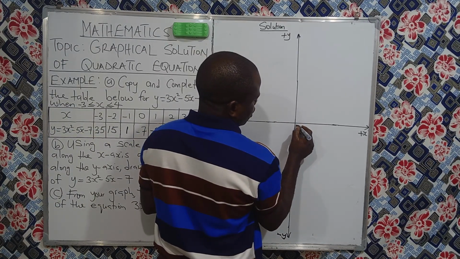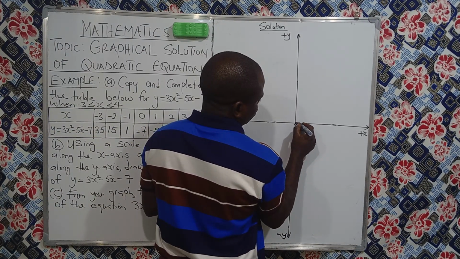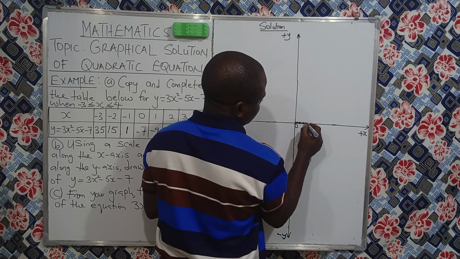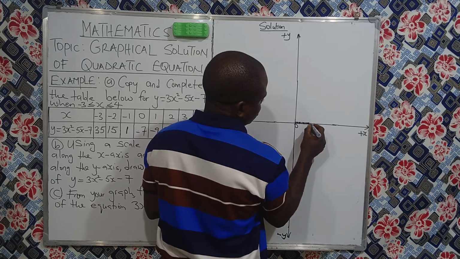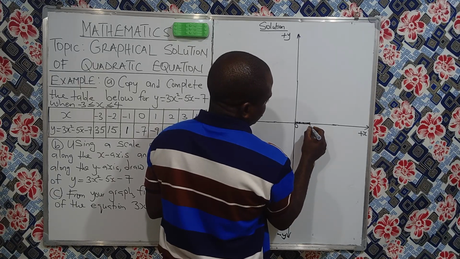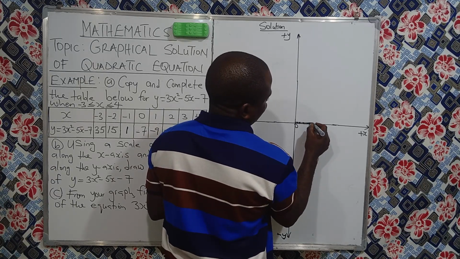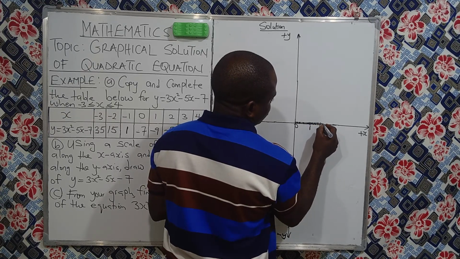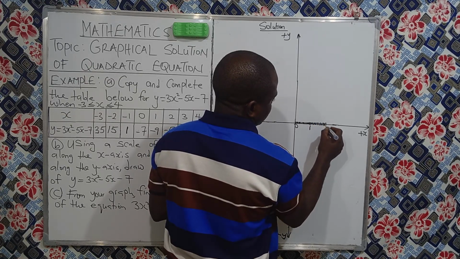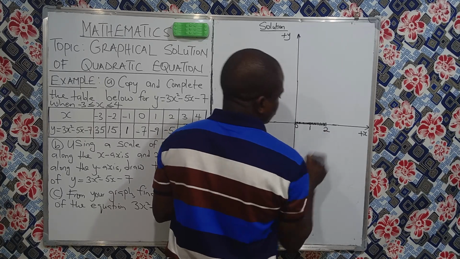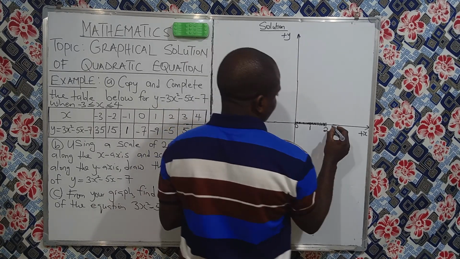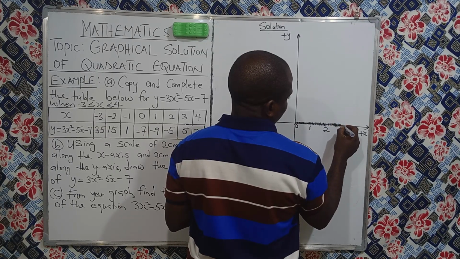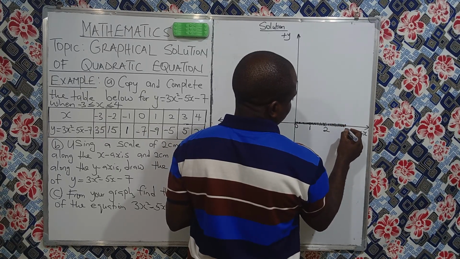Now you count 1 to 20. That's 1. Followed by counting another 20 to give you another 2 centimeters, 1 to 20.